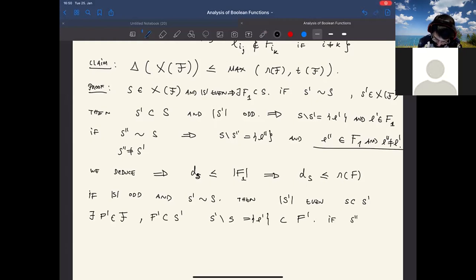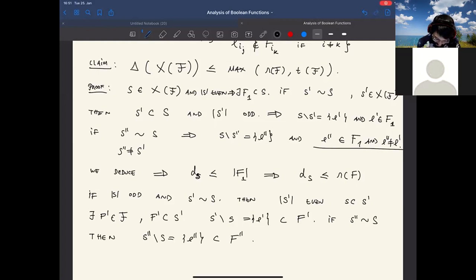If F2 prime is a neighbor of F, then you have the same thing. F2 prime minus S is some L2 prime, and that's contained in some member of the family, F prime prime.